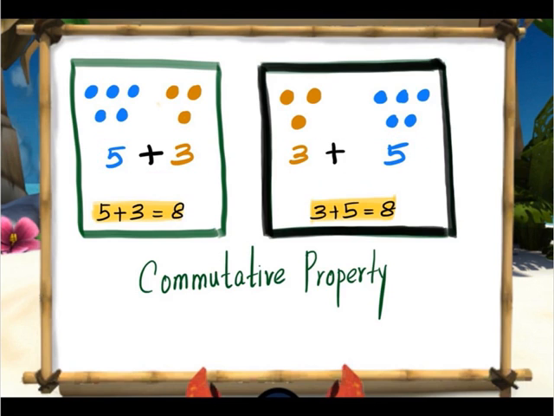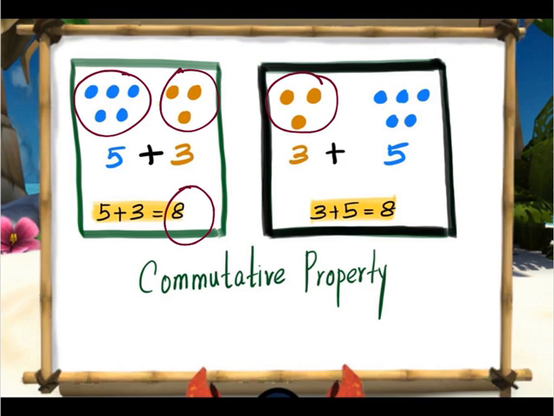If you see, when I add 5 dots and 3 dots, the answer is 8. And in the black box, when I add 3 dots and 5 dots, the answer is the same 8. So this is an example of commutative property of addition.